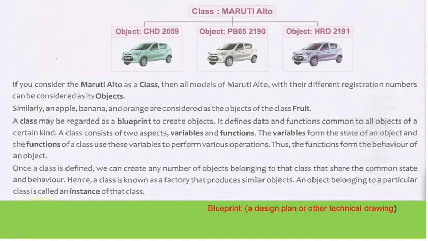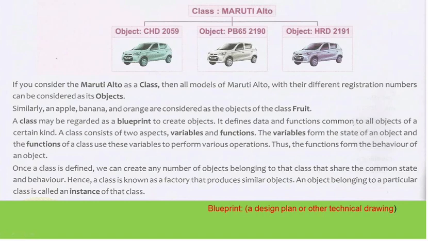Now, students, if you consider this Maruti Alto as a class, okay, because all these objects are belonging to the same class Maruti Alto, then all the models of Maruti Alto, with their different registration numbers, at least have some state that is different.